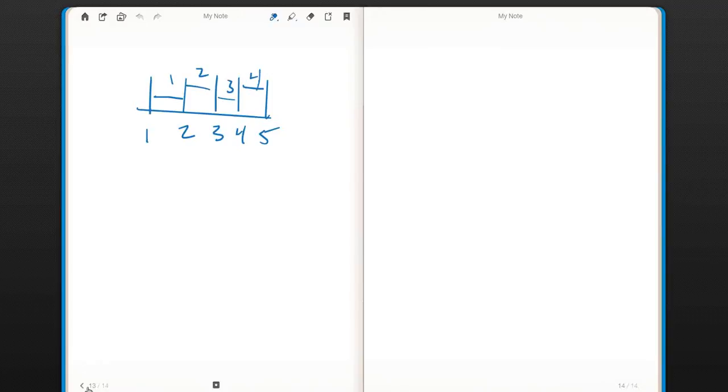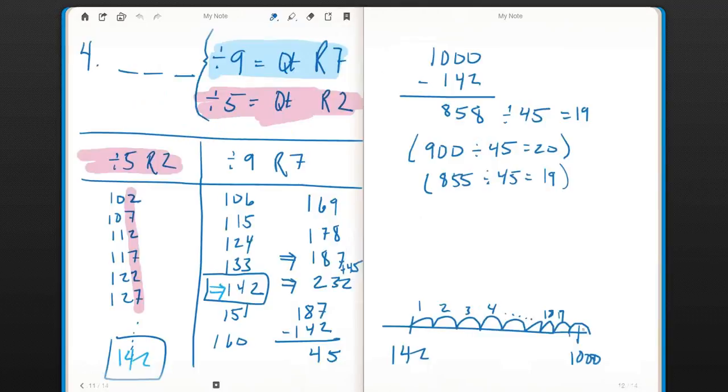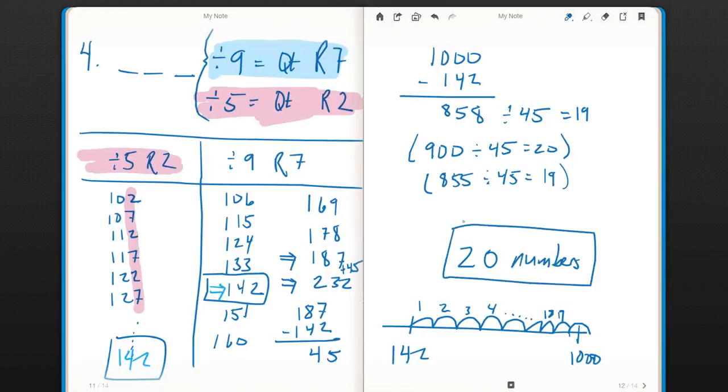So in our case, we're going backwards from that. We have 19 spaces, so that means there are 20 numbers where that happens. So we've got to get used to that oddness in both directions.